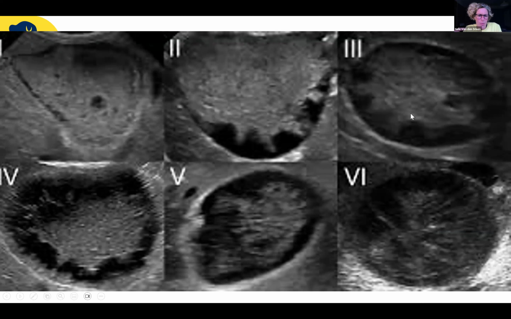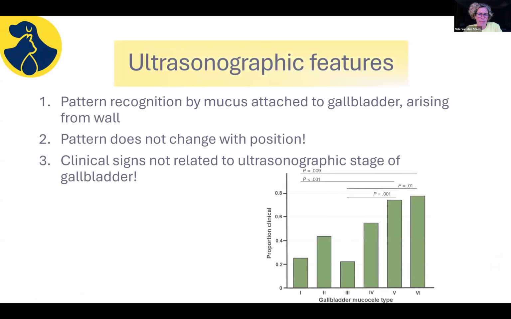These blobs move in towards the center, almost pushing that brighter bile into a smaller area. You get a stellate pattern that then gradually progresses to the more typical kiwi fruit, where the layers of bile are very thin in between these blobs of mucus. So it's definitely a disease of pattern recognition that relates to the contrast between the darker mucus and the brighter bile.